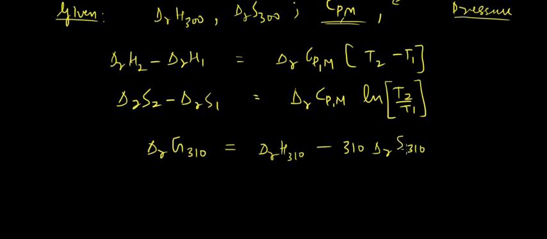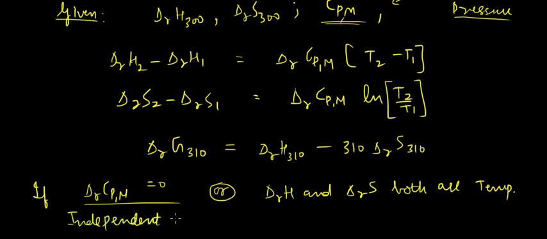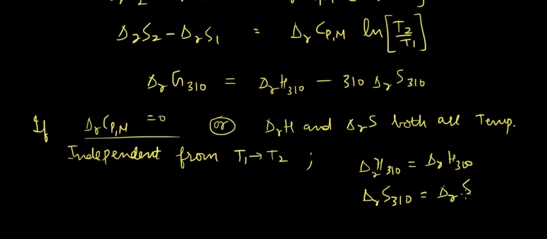Okay, so if delta R CPM is equal to 0, or in other words delta R H and delta R S both are temperature independent from T1 to T2, then we can write that delta R H310 would be equal to delta R H300, and delta R S310 would be equal to delta R S300.